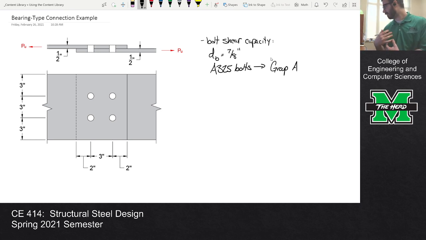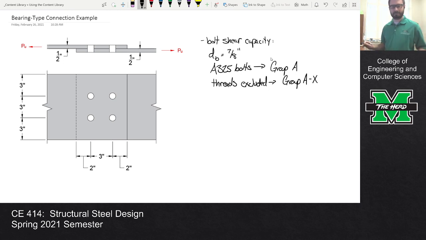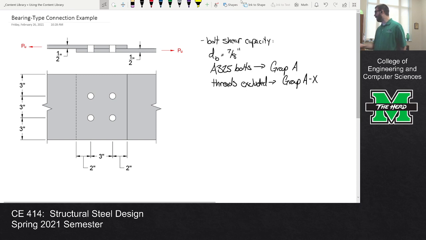Now, we were told that the threads were... So that's group AX. Okay? Now, I think I might have already said it, so maybe I spoiled it.